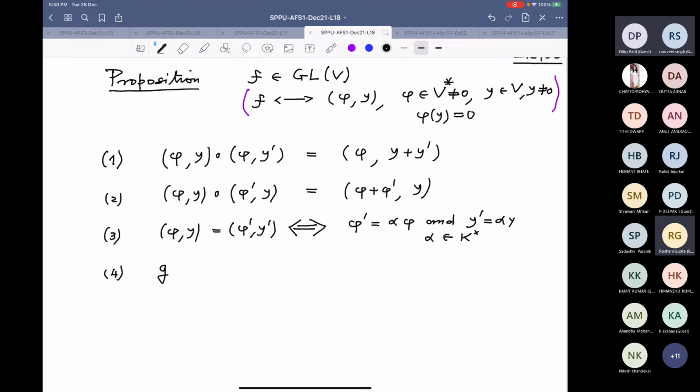Fourth, if G is in GL(V), then the conjugates of phi y in GL(V) are the same as phi G inverse comma Gy.